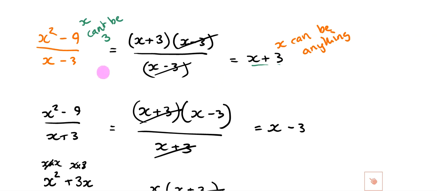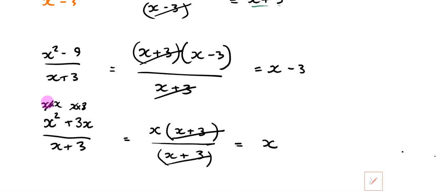Therefore, in order to simplify, you must have considered what the restrictions are at the start, before you start talking about the simplified form. Because in all of these cases, x can't be equal to -3, but that's not a problem there.